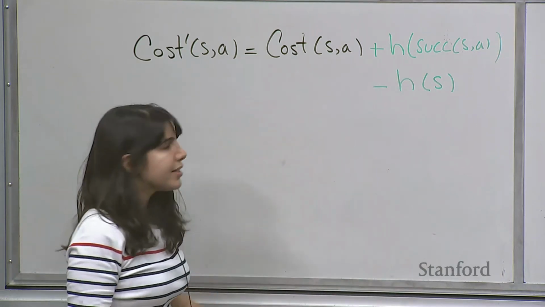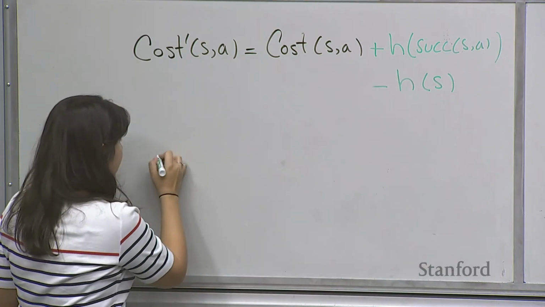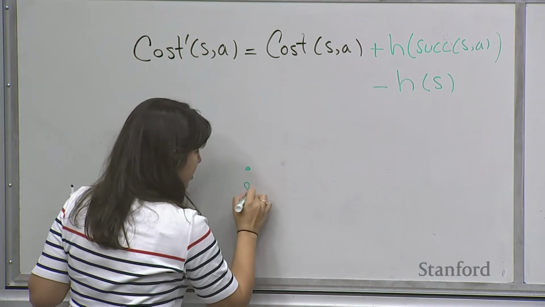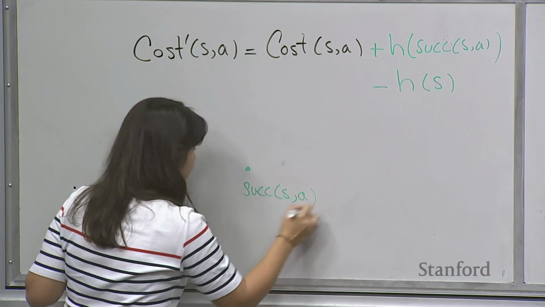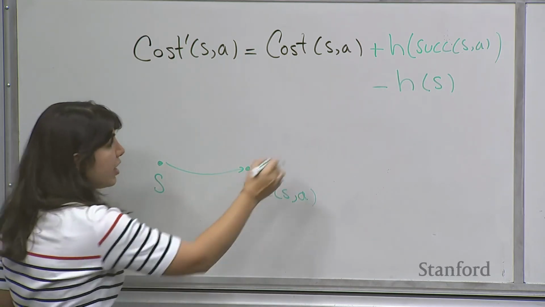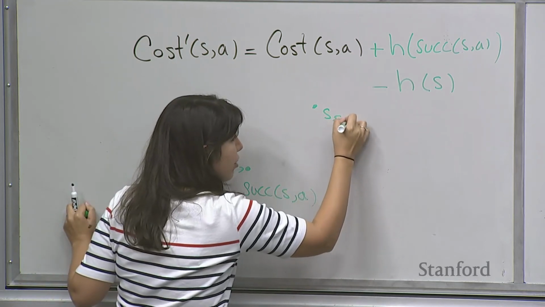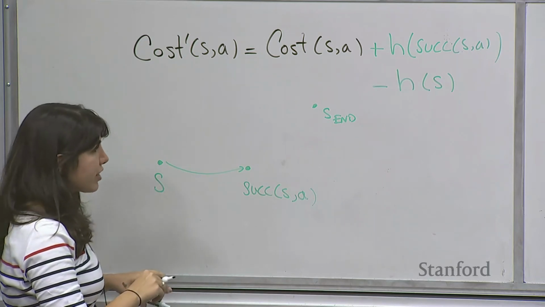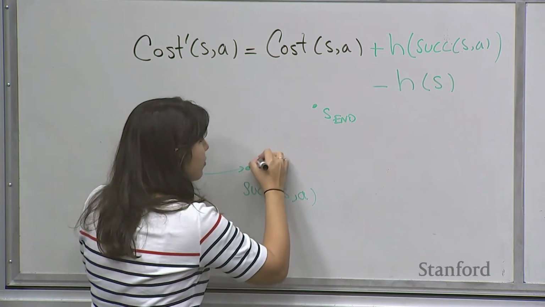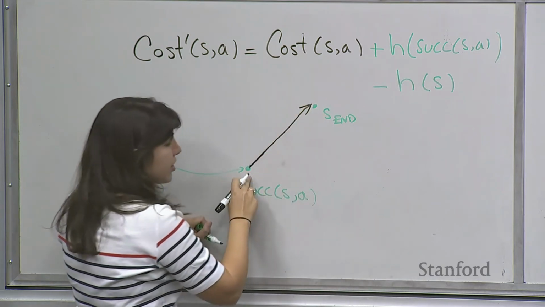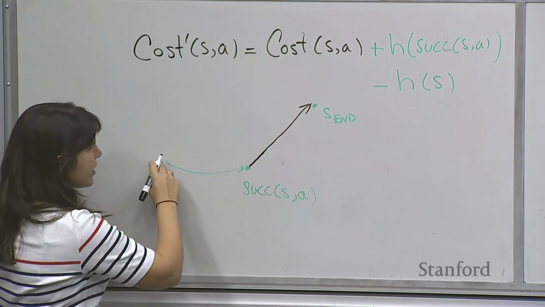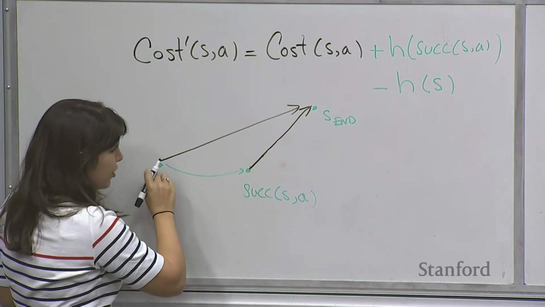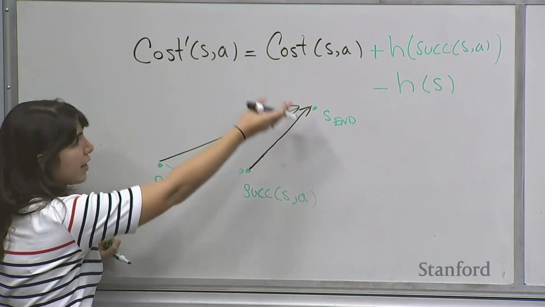So why do I want this? Well, what this is saying is, if I'm in some state S, and there is some other state, successor of S and A, so I can take an action A and end up in successor of S and A, and there is some S end that I'm really trying to get to. Remember, H was my estimate of future cost. So this is saying my estimate of future cost for getting from the successor to S end, minus my estimate of future cost of getting from S to S end, should be the thing I'm adding to my cost function.